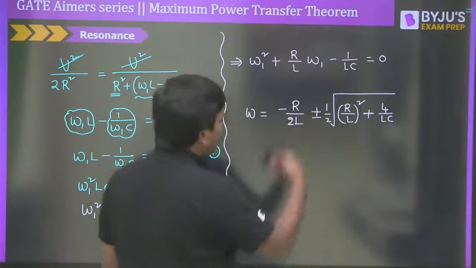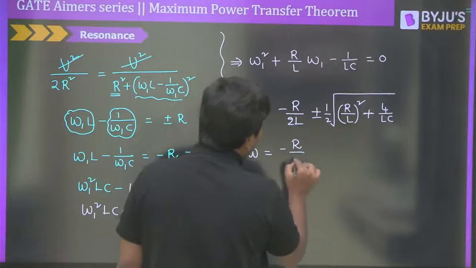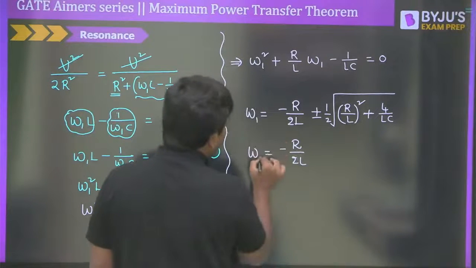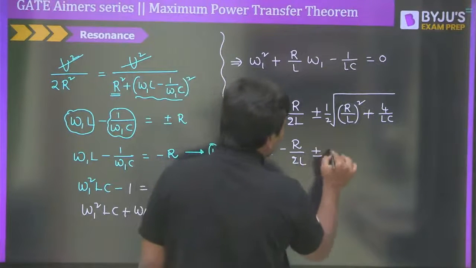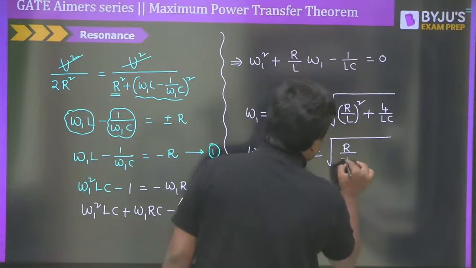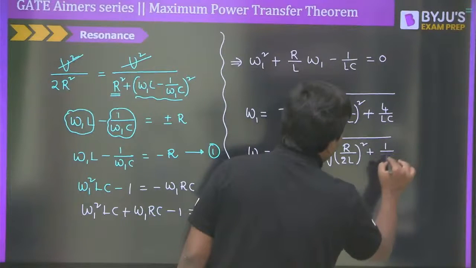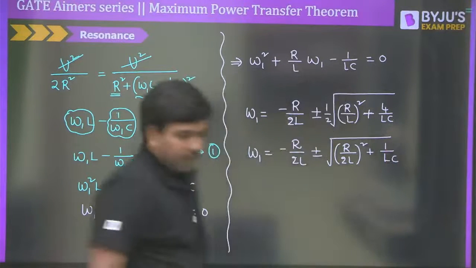Clear? So now if you write it in a better way, you will get omega 1 equal to minus R divided by 2 times L plus or minus under root of R divided by 2 times L whole square plus 1 divided by LC. I hope you understood this clearly.